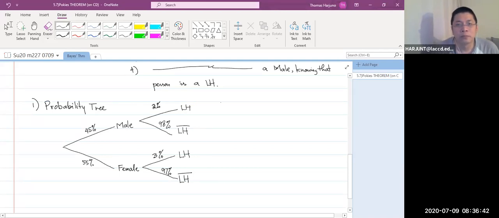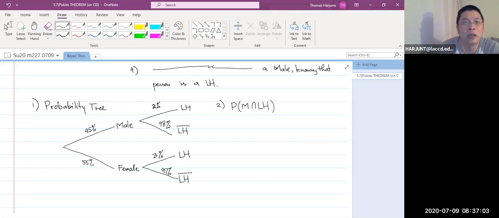Now, part 2, step 2. Find the probability, if we select them at random, that you have male and left hand at the same time. Male and left hand at the same time.